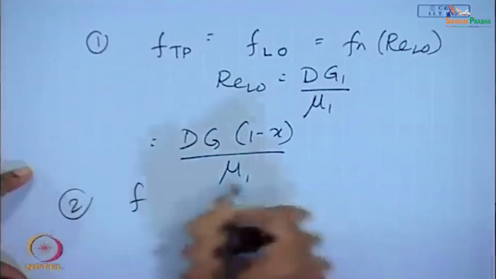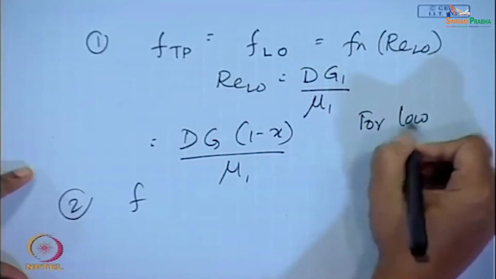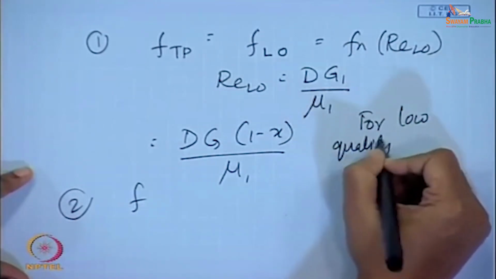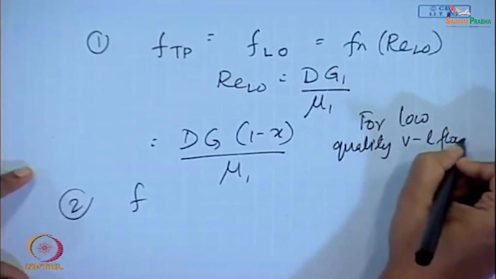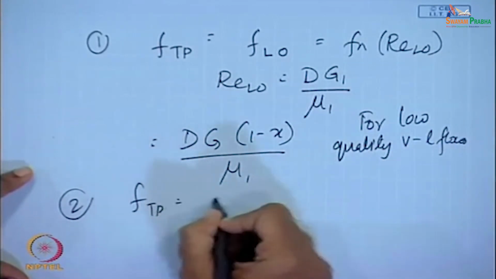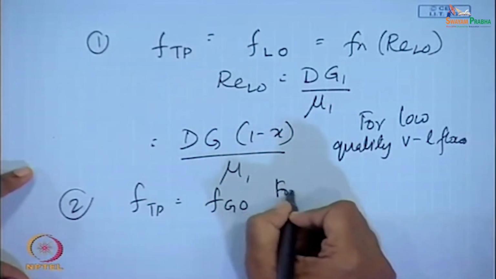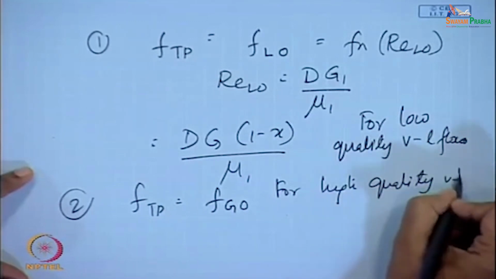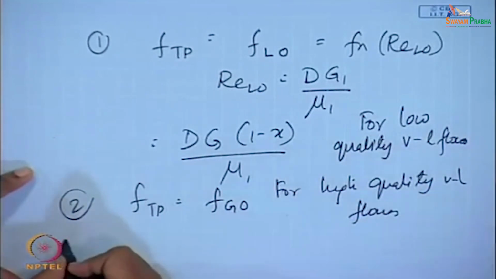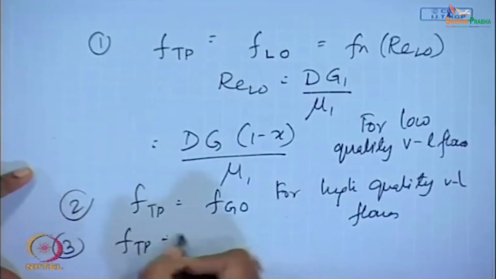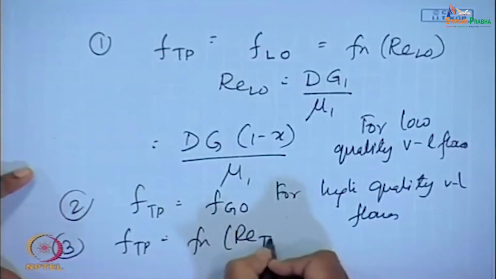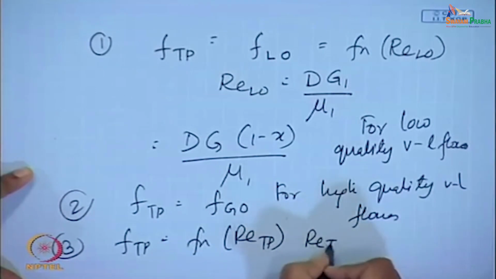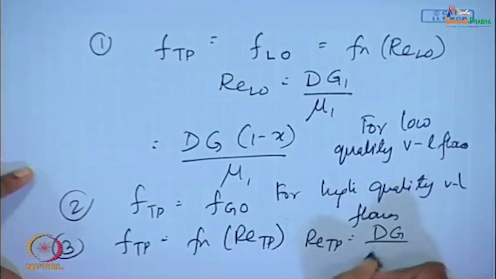So, therefore, the problem is with the third definition. There are three definitions. One is this, which is for low quality vapor liquid flows. Then we can also assume this is equal to this for high quality vapor liquid flows, and the third is FTP as a function of Reynolds number, where Reynolds number is dG by mu_TP.